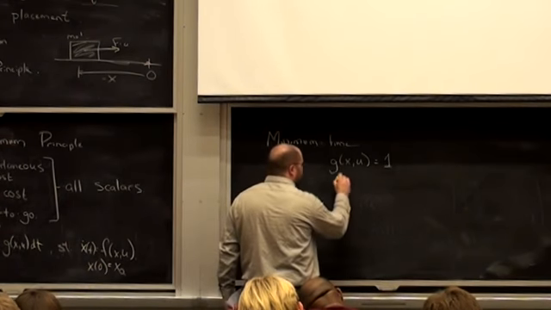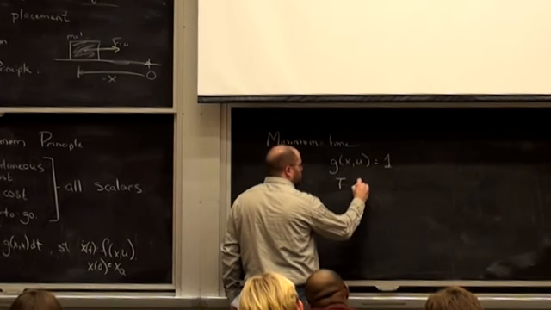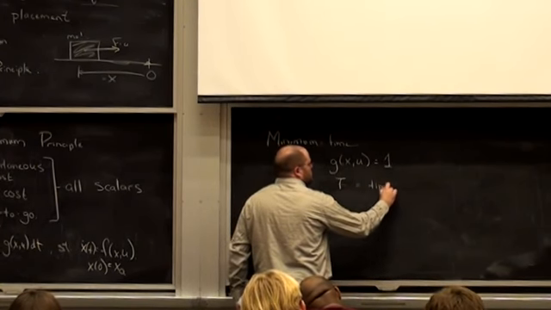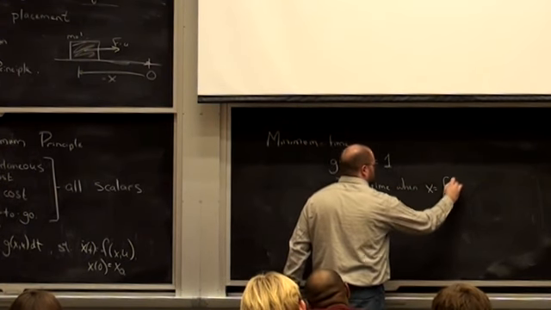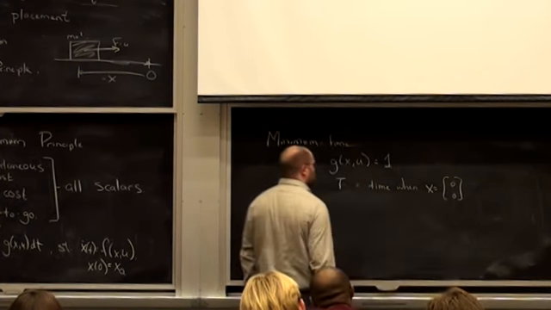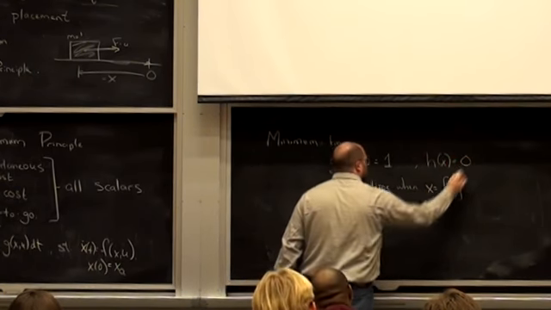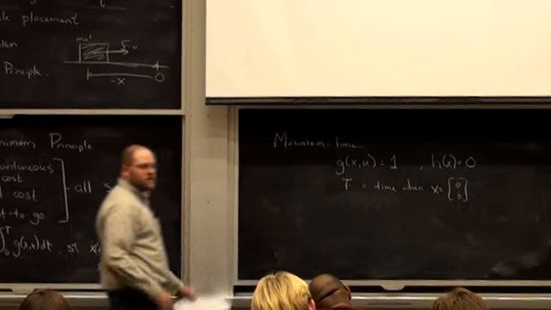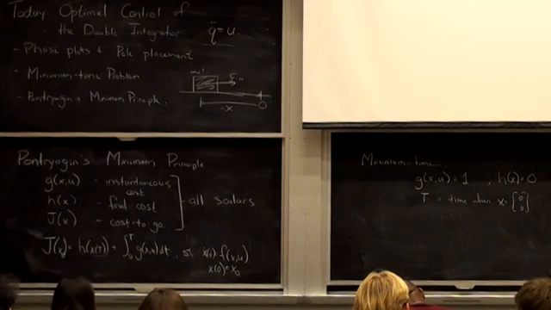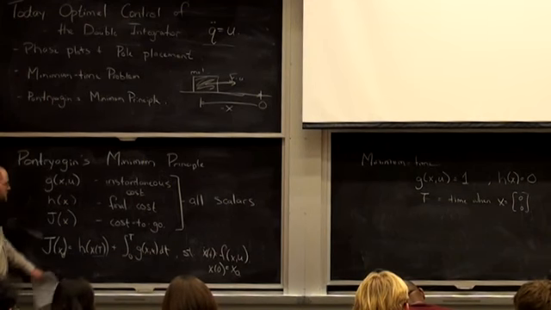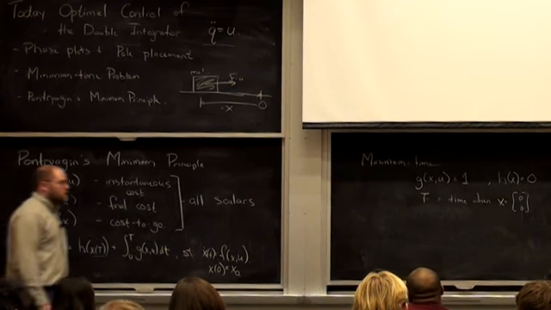And have capital T defined as the time, and have h of x equals 0. That's a perfectly reasonable optimal control formulation. So it certainly fits in this general optimal control form.